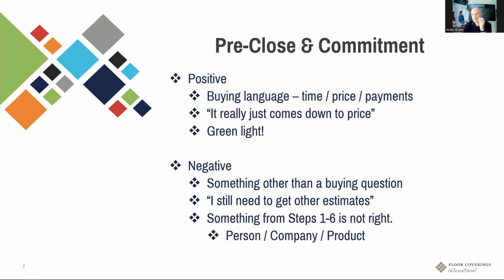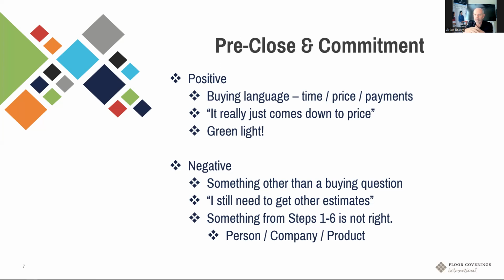All right. This is one of the beautiful things about this question. It's one of the beautiful things about this step. This step doesn't necessarily help you land this job. This step often gives you a clear indication of what it is that you need to work on for the next job. So if you're getting a lot of negative pre-closes, you're asking this question, other than price or payment, would there be any reason we couldn't get your job started today?